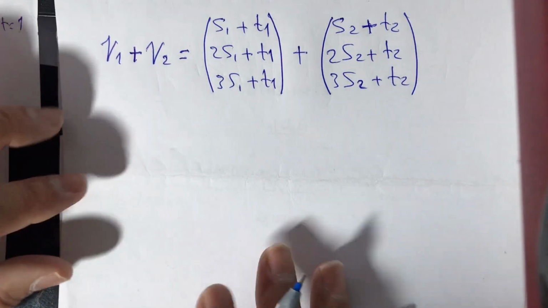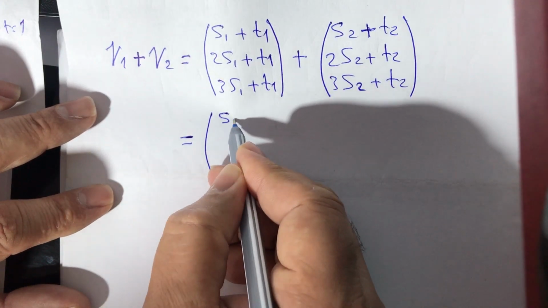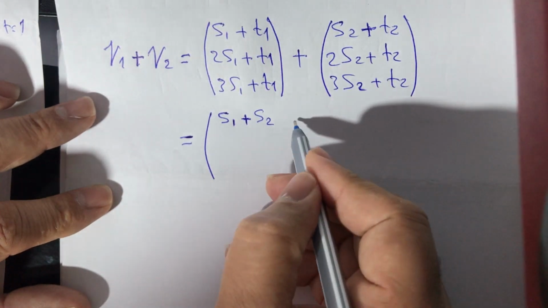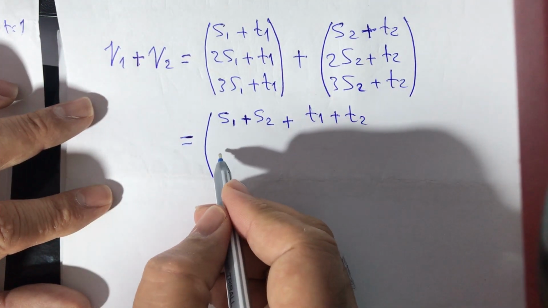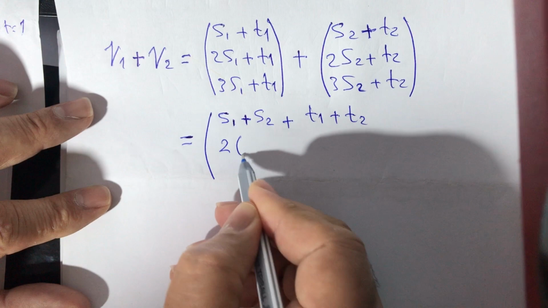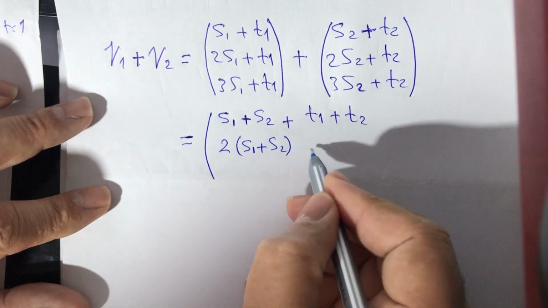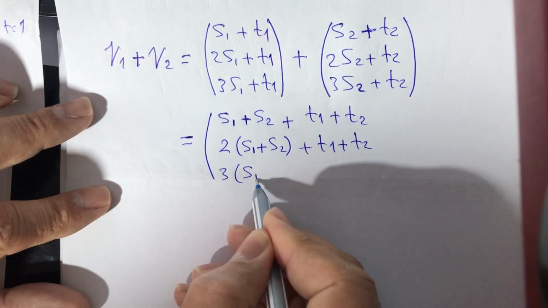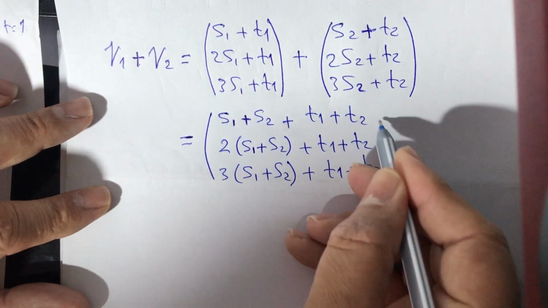If we sum them, we get S1 plus S2 plus T1 plus T2, and 2 times S1 plus S2 plus T1 plus T2, and 3 times S1 plus S2 plus T1 plus T2.